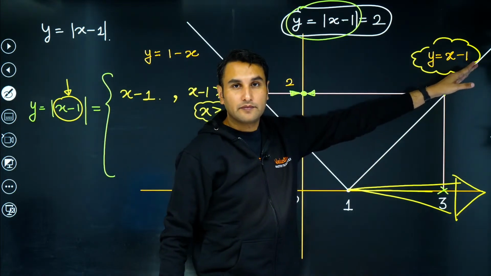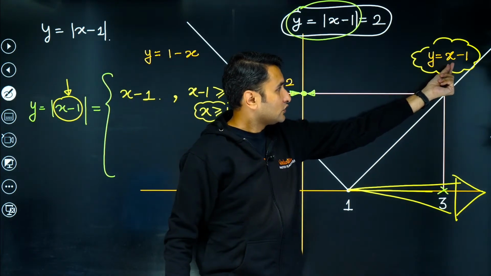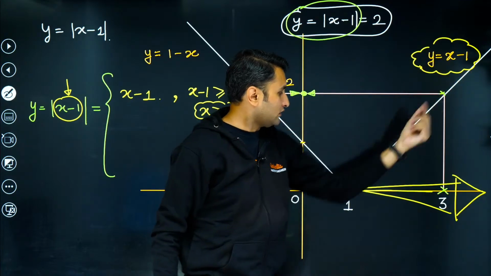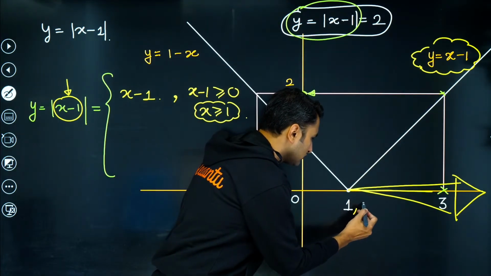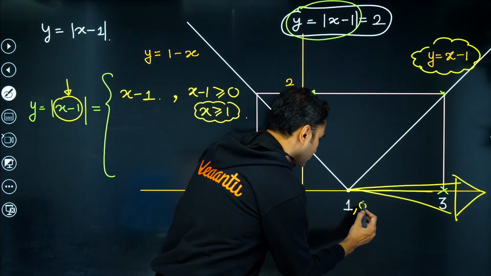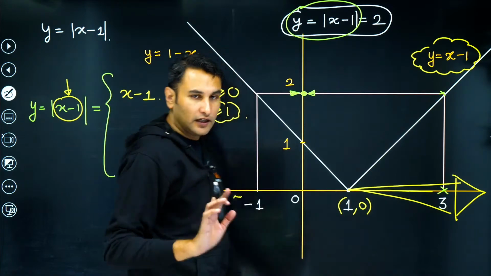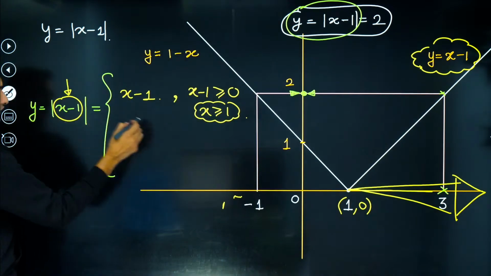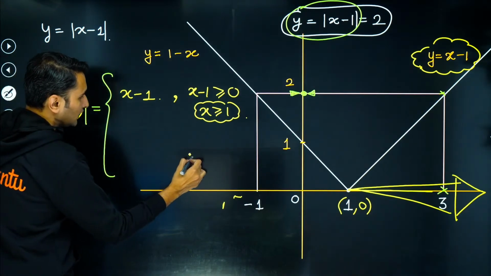In other words, when y is 0, x is 1, when x is 1, y is 0, slope is 1.